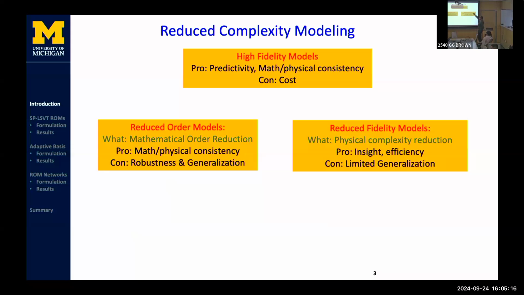So those are physics-inspired reductions, okay? So today we're going to be looking at mathematical reductions, which is we still want to keep the same set of equations, but we want to mathematically reduce complexity by finding lower dimensional manifolds on which the equations are hopefully less complex. Okay, so that's the idea of reduced order modeling. Everything gets talked about as reduced order modeling, but what I mean in the context of this talk is this particular mathematical reduction. Okay, that's the idea.